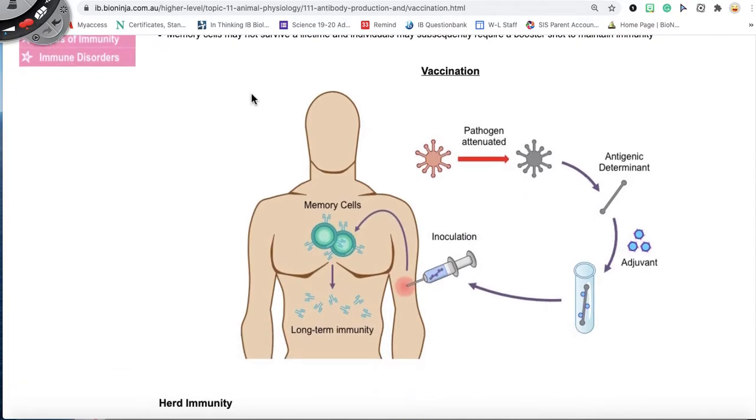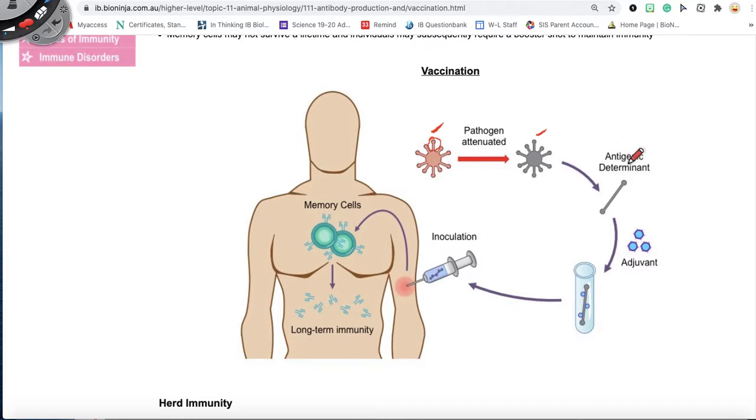So here we see how vaccinations work, right? We see the pathogen here, and then we see how the pathogen becomes attenuated, and that means that the scientists are going to take the actual pathogen and, it depends, because different vaccines work out differently, but sometimes they might remove, for example, a particular portion of the antigen, and then they insert that particular portion of the antigen into a less virulent virus, for example, an adenovirus.